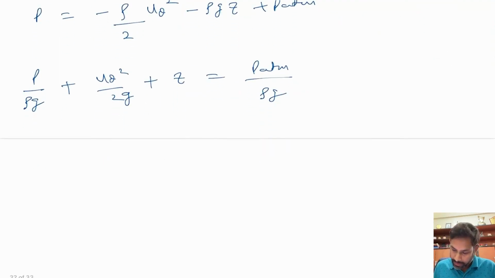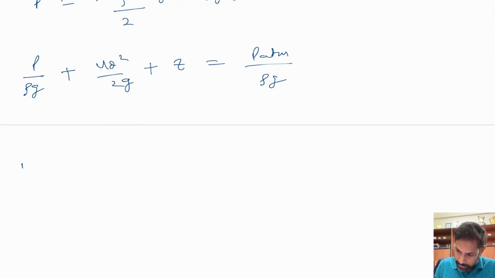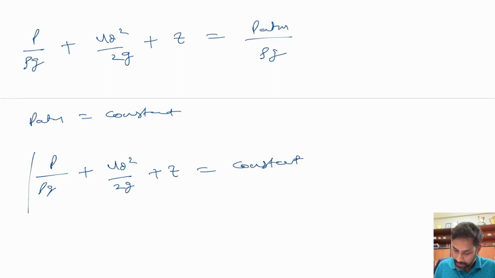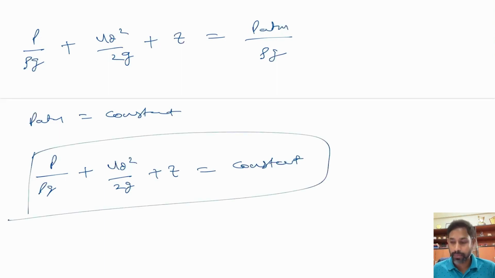And now you immediately see that because P atmospheric is constant, your P by rho g plus u theta square by 2g plus z is equal to constant, right? And this is the Bernoulli equation, if you remember, right?